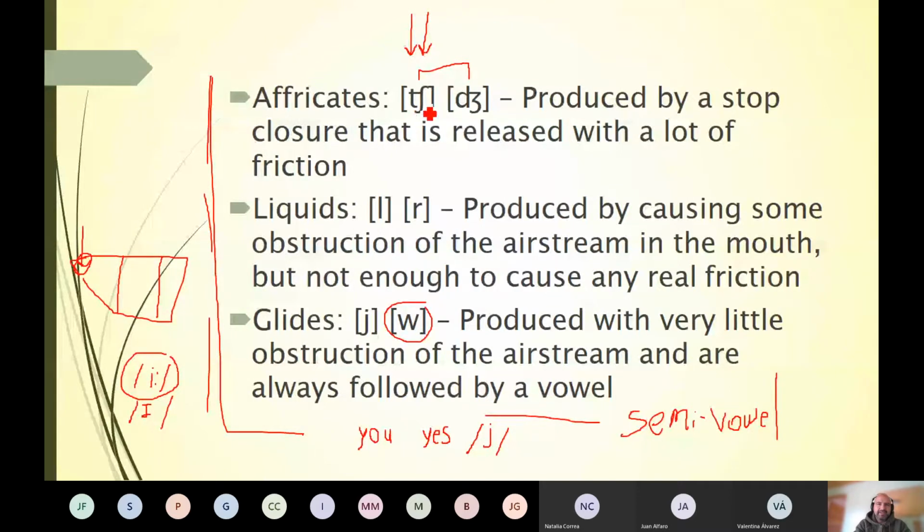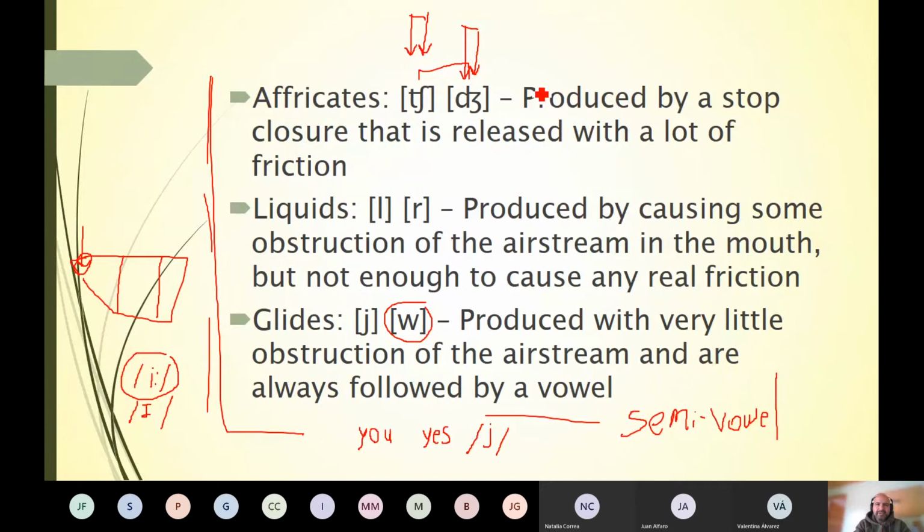It's like combining t and then sh, and you get ch. And in the same case, if you combine d and then zh, you get j. So an affricate is a combination of stopping or blocking the air for a fraction of a second and then releasing the airflow gradually. Okay.